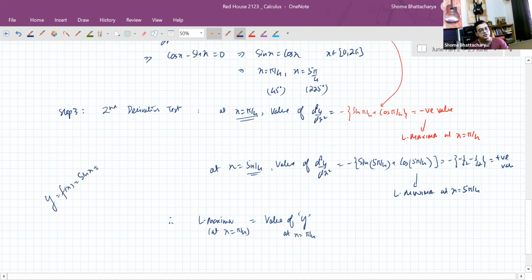The original function we are talking about was sin x plus cos x. So it's the value of the function at pi by 4. So this is the local maxima's value.